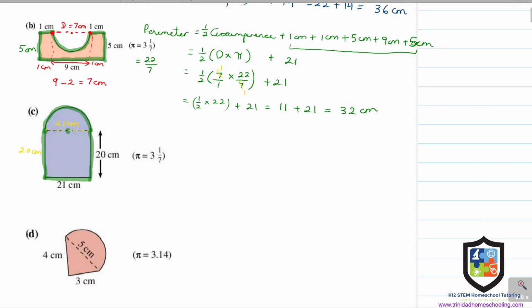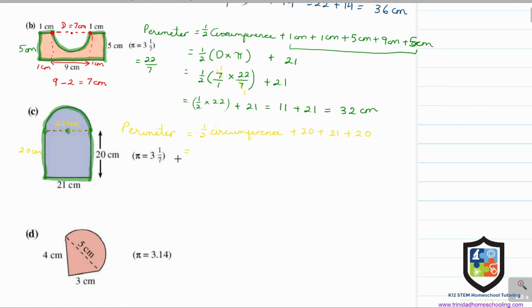This part here is going to be equal to this part here, which is 20 centimeters. Okay. So if you have to write out what the perimeter of our shape is, it is going to be, again, half the circumference plus this side 20 plus 21 plus another 20.